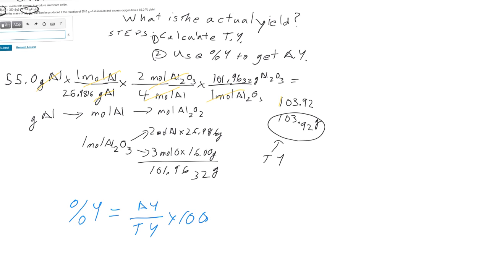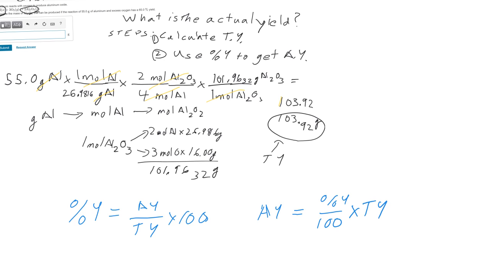So, algebraically, to solve for your actual yield, you take that percent yield, you divide by 100, and you multiply by your theoretical yield.